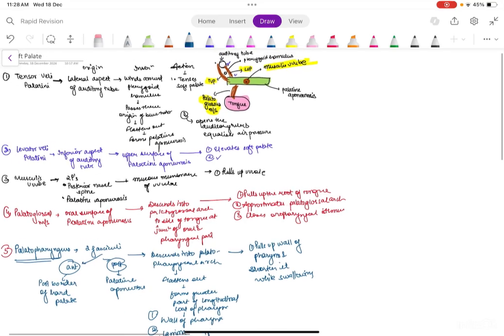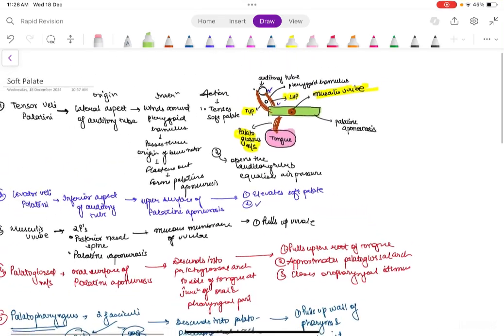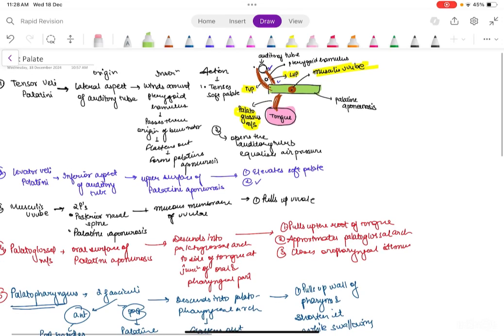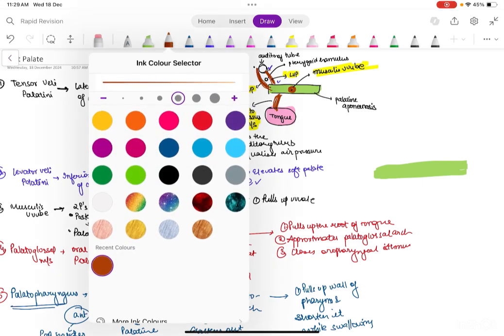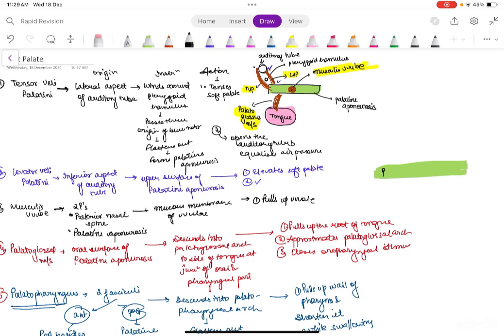Now we'll just recap it with a diagram. A very easy diagram, better than this one. So suppose this is the palatine aponeurosis, right? You will just extend it a little. Then we have some muscle here.